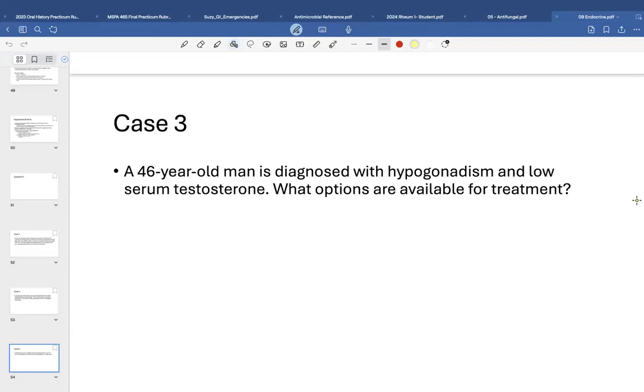You can get oral forms of alkylated testosterone or even esterified testosterone. And then the injectables, those are esters. But that, we'll say, is your off-label usage.